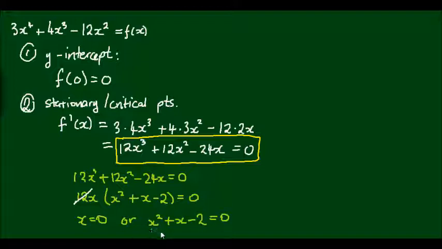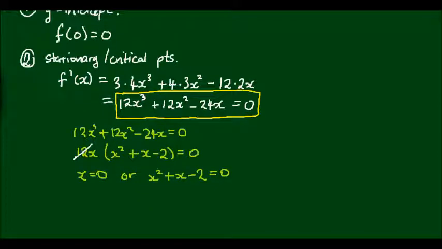So I'm going to have to factorize this quadratic expression to find the other two roots. If you need help on how to factorize a quadratic equation, I'm going to include a link in the description box below, but I'm just going to go through this quickly without spending too much time on it.